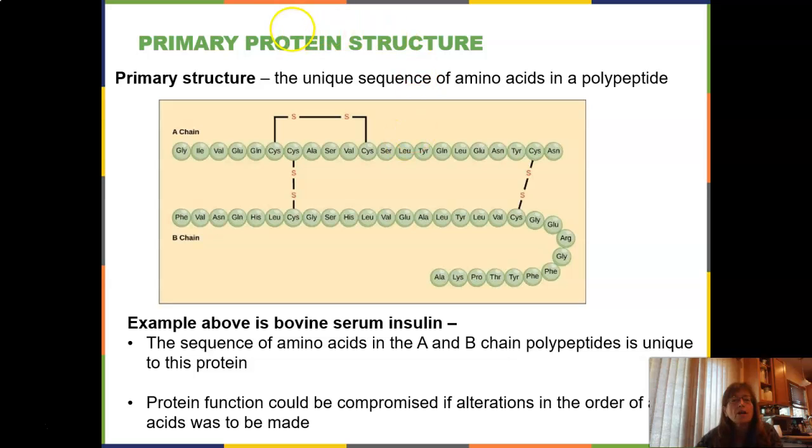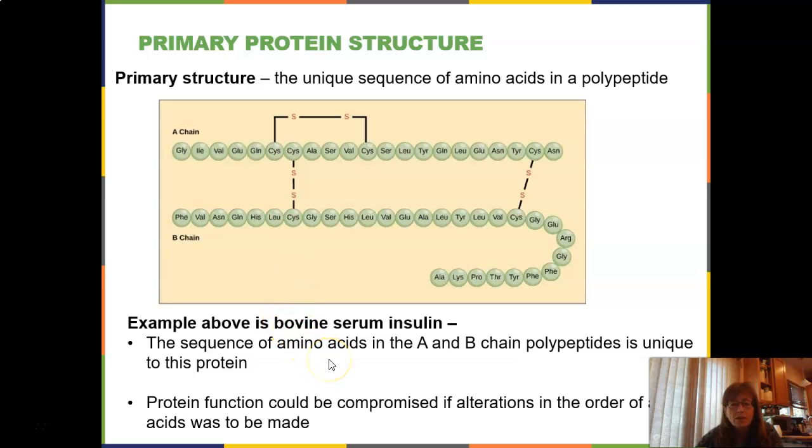And what you see here, all of these up here are representing various amino acids. You can see their abbreviations here, and that we can have a long chain of amino acids like this. And then here's a second chain, this B chain. These can be linked by sulfur. These are sulfur bridges, sometimes called disulfide bonds, to form something that is a little bit longer and has some functional relevance.